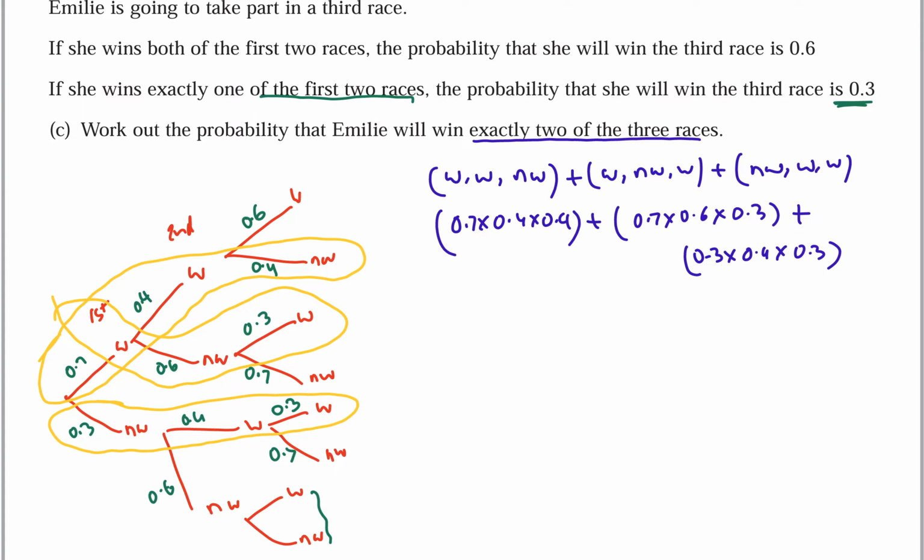So then the answer to that is multiply these individually, if I can do that.